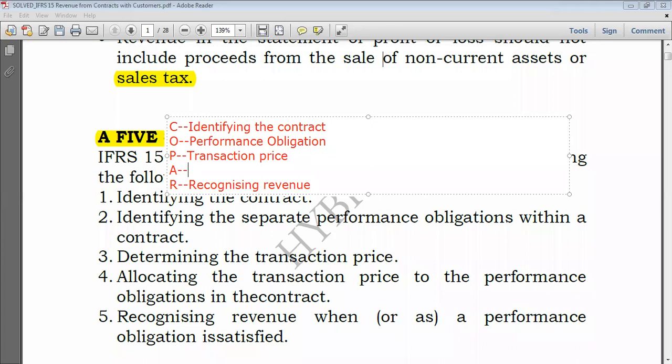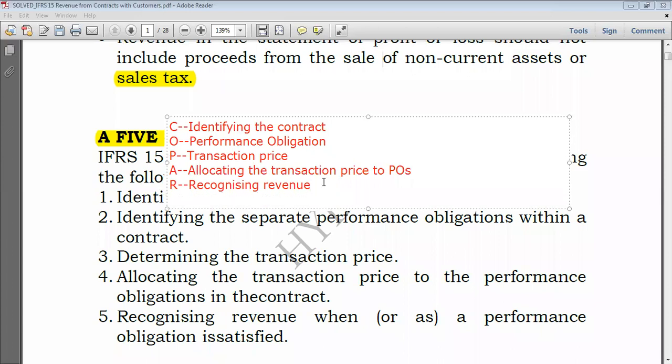That's why the other point here is about allocating the transaction price. So you break it down to each separate obligation, to POs, performance obligations. After doing this, you would have your performance obligation matched to its price. This is what I mean here.